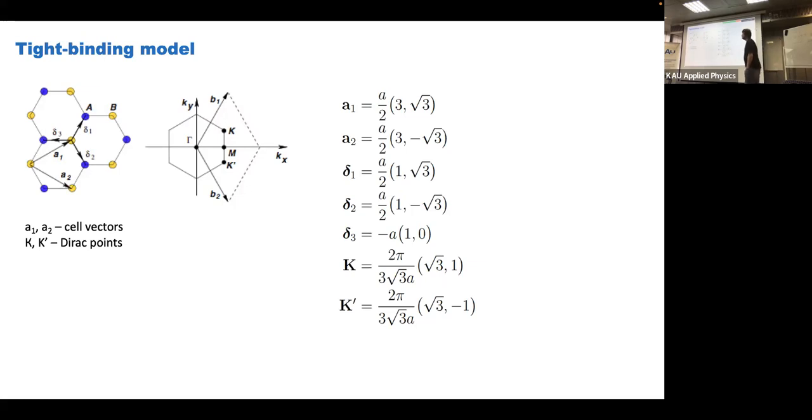For graphene, we should calculate the dispersion of two atoms, A and B. I hope you remember that for graphite, we had 4 atoms in the unit cell.